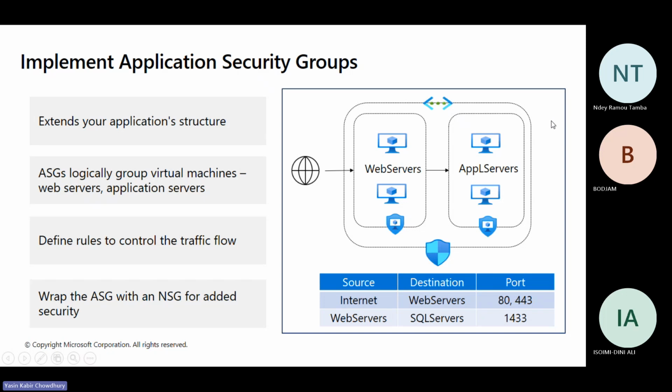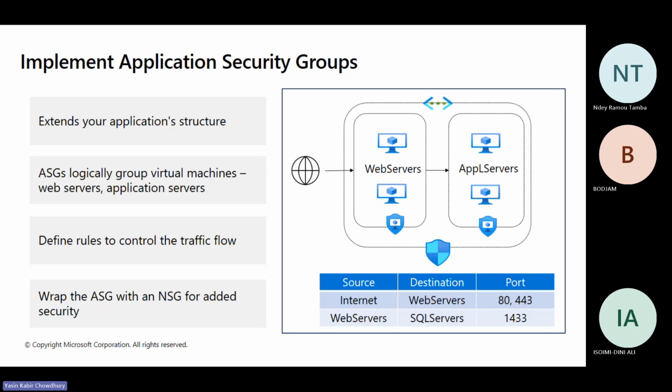So how will we do this? For that reason, you make an application security group from 2 or 3 PCs, another application security group for 3 or 4 PCs, and you can associate that application security group with the network security group.